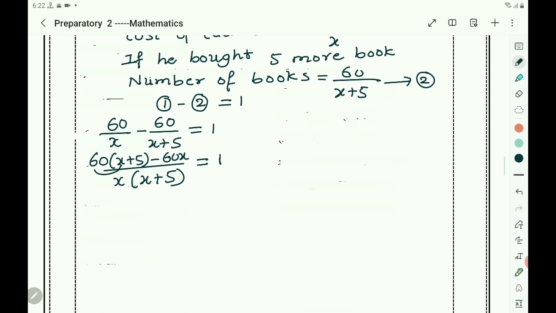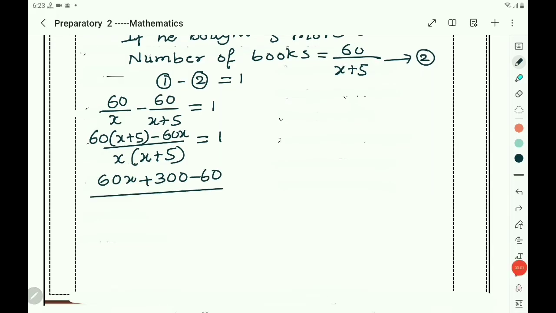Then 60 into x is 60x. 60 into 5 is 300, plus 300 minus 60x. 60 into x is 60x. Then x into x in the denominator, x square, plus x into 5, 5x, equals 1.